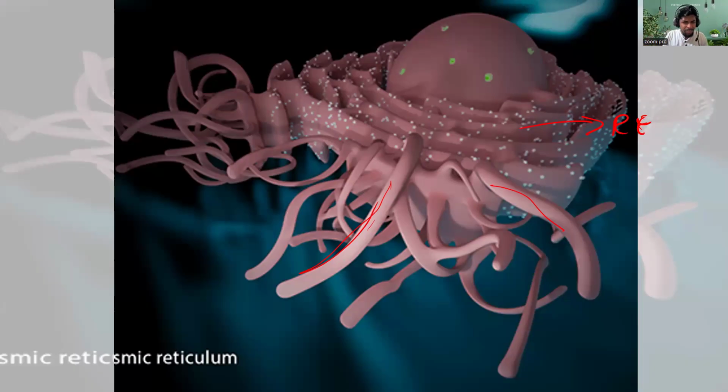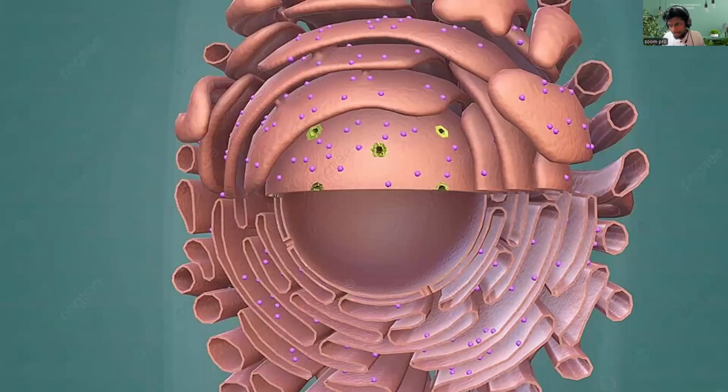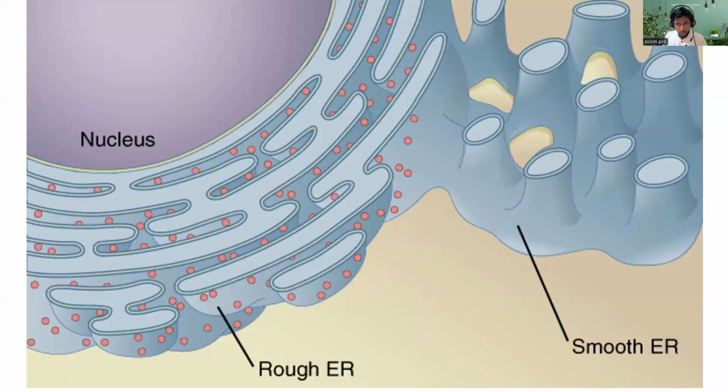According to the presence of the ribosome, we divide the endoplasmic reticulum into rough and smooth endoplasmic reticulum. Smooth means it doesn't have ribosomes. Here you can see there's no ribosome. But in the rough endoplasmic reticulum, we have the ribosome. Now you know there are two types of endoplasmic reticulum, smooth and rough.